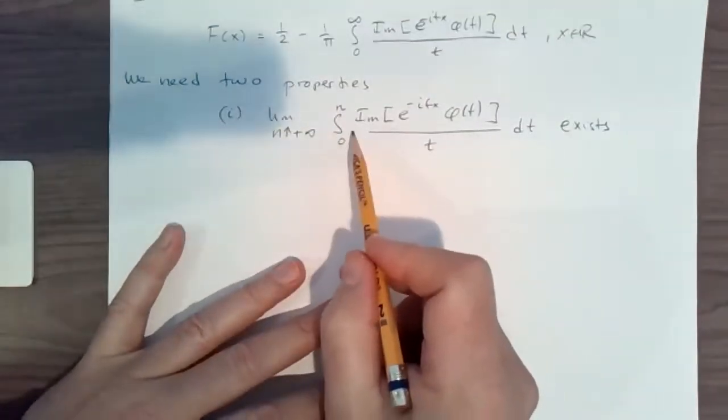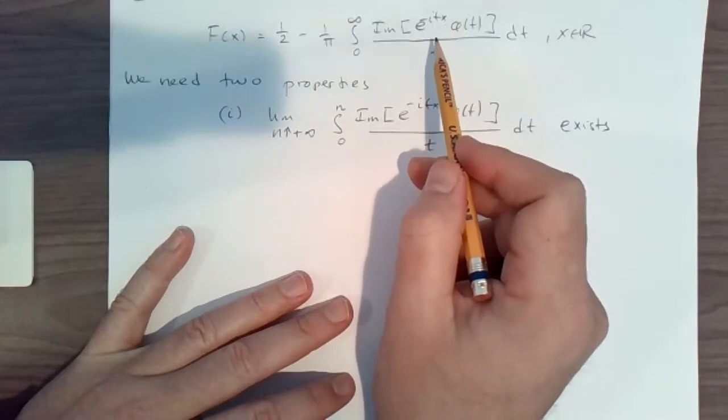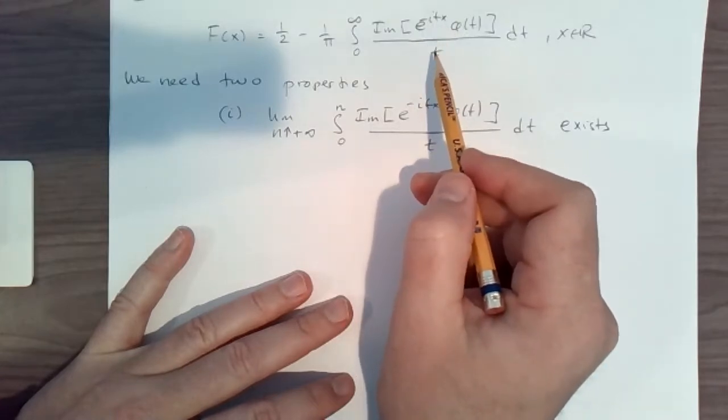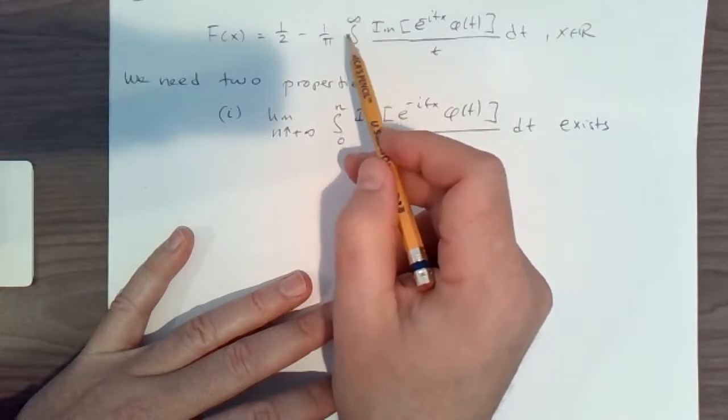You'd also wonder about it around 0, but around 0 it's not bad because it's going to be a 0 over 0 situation, just like sine x over x for x equal to 0. The problem is up here at plus infinity. This is where the improperness comes from.